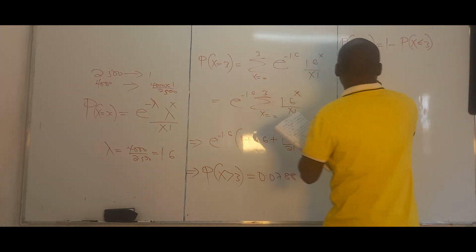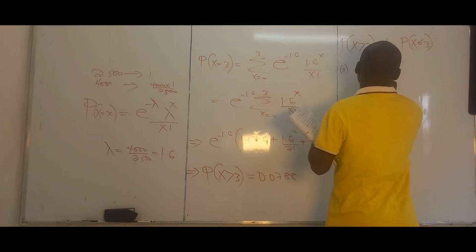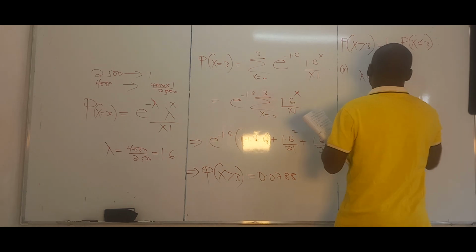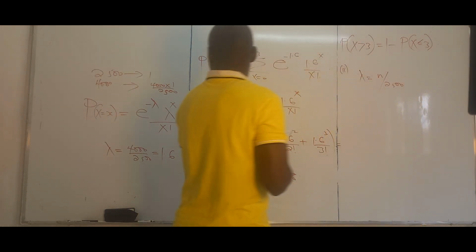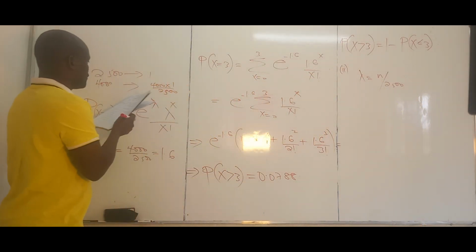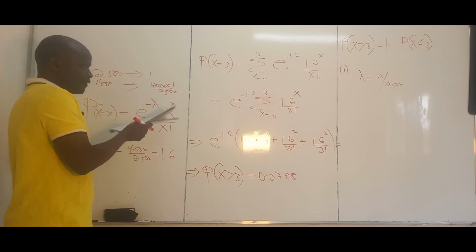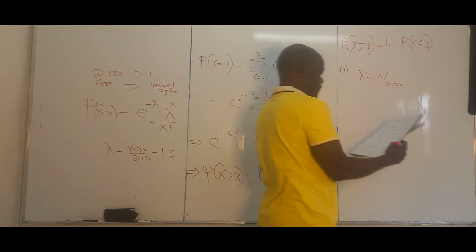So first, we define our lambda here. Our lambda in this case will now be n over 2,500. Yes, that is n, because when it was this, our n was 4,000, but now we don't have it. So we have that expression there.